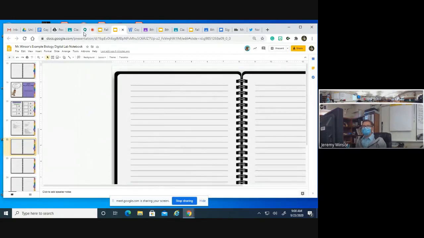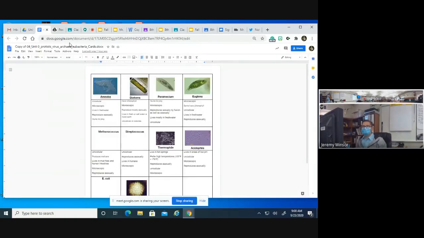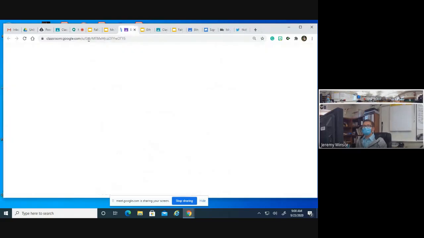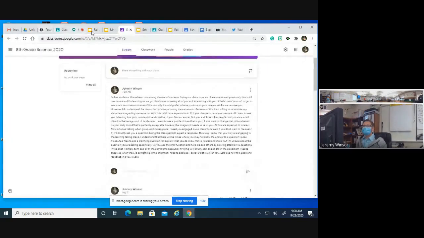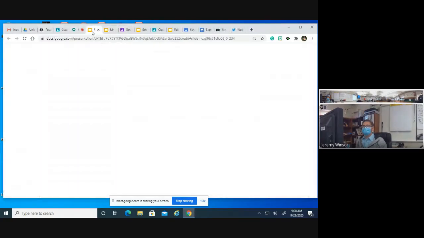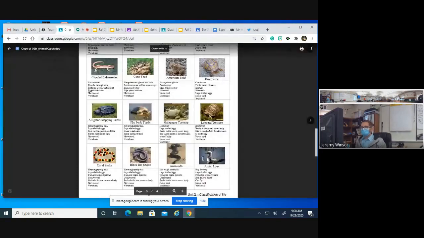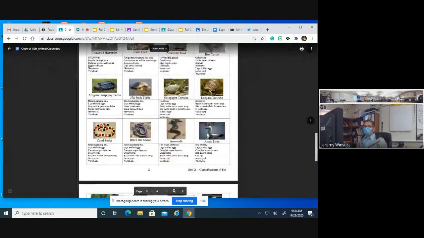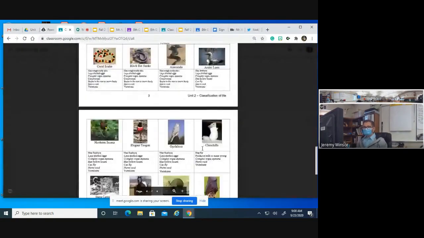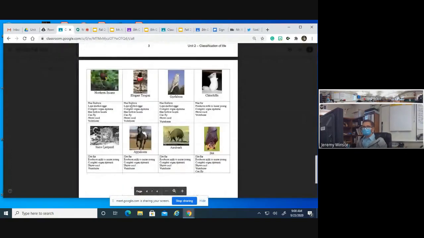So maybe I'm sitting here and I'm going, I've got an organism like the Arctic loon, and the Arctic loon is kind of like this elegant trogon.